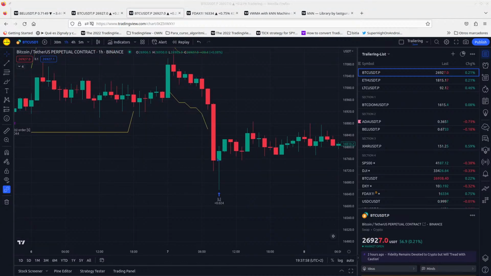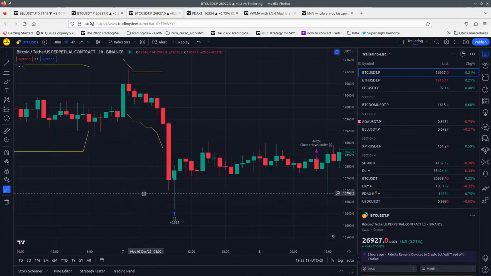Okay, so let's write this down. Reversal strategy idea. So first find a break to the downside.